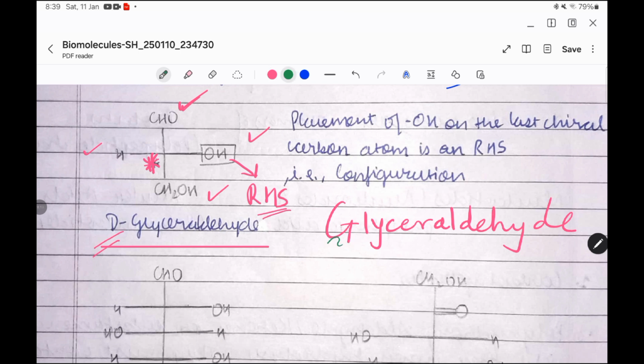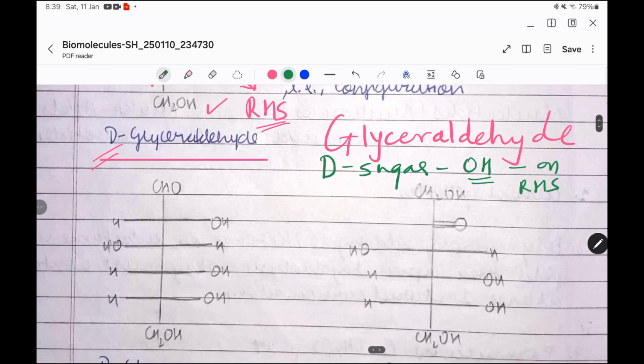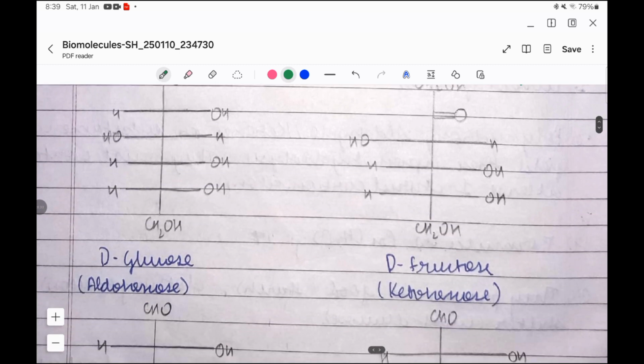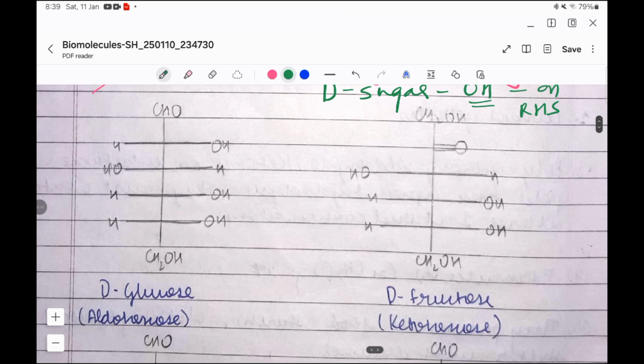Clear? So D sugar talks about the placement of the OH on the right hand side, the OH of the last chiral carbon atom. Let's see examples. Here we have the example in front of you, glucose.